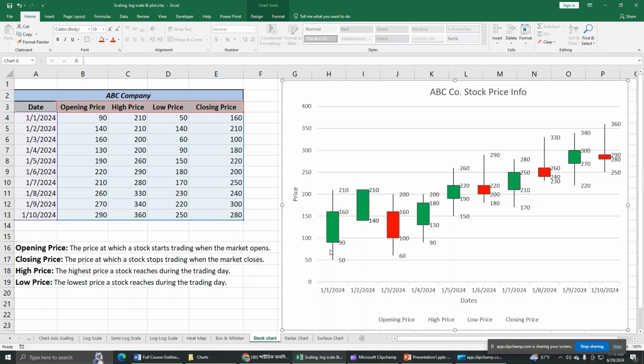Here we can see in this first date the opening price is 90, the closing price is 160. Okay, but in this day the price reached the peak at 210, but it was not able to stay there. The traders make it lower. So the upper whisker, this point will be the high price, and the lower whisker, this point will be the low price.